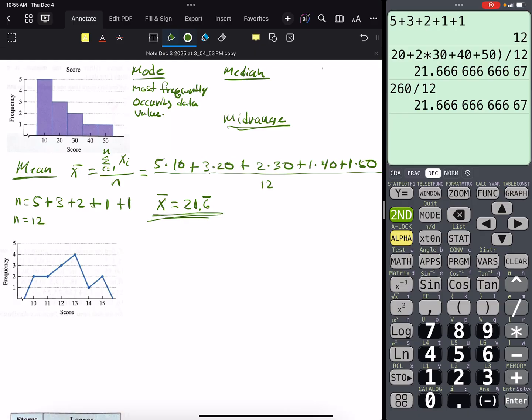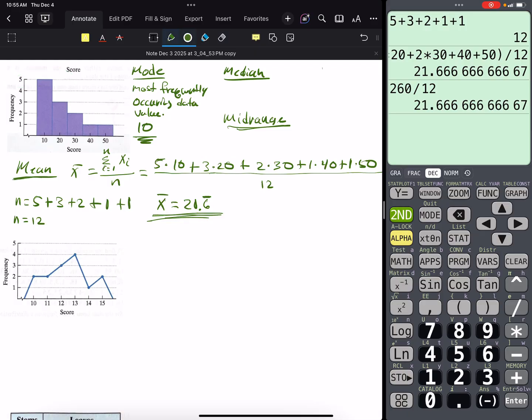Basically, that means the tallest bar. Well, the tallest bar is clearly this one at 5, and that means that 10 is my most often occurring data value. So the mode's relatively easy to calculate and doesn't take all that much space.